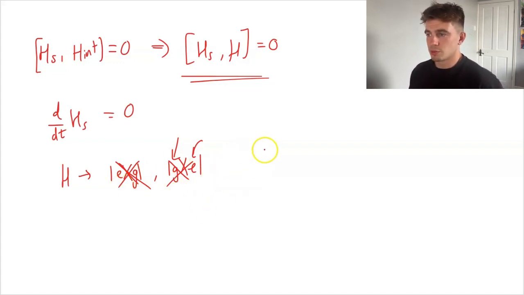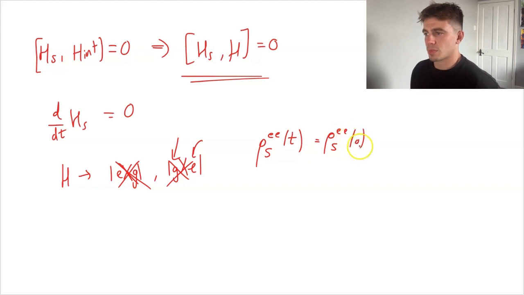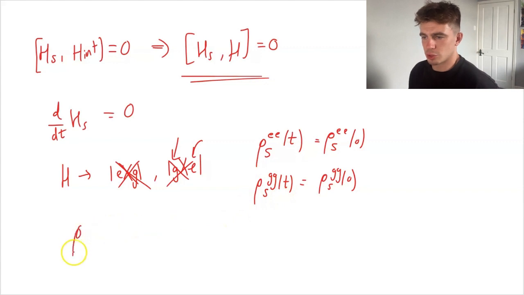Well, for us, it means there's one less calculation to do, because we know that the diagonal terms of the system density matrix are just going to equal their initial values. Where this notation that I'm writing here, the superscripts, let's just say IJ, just mean the matrix elements.